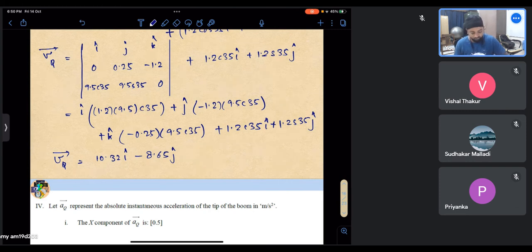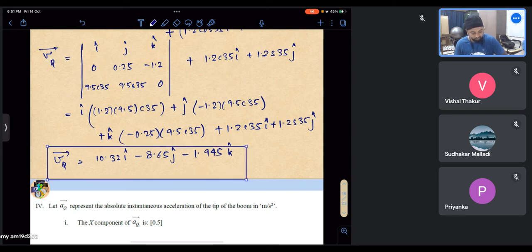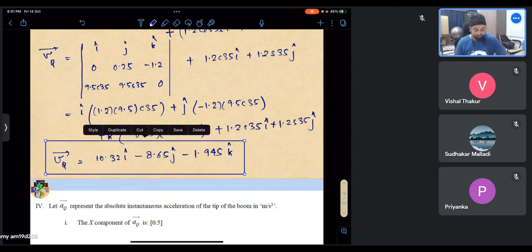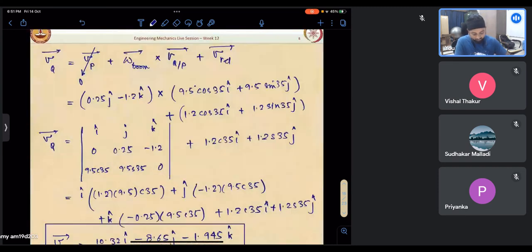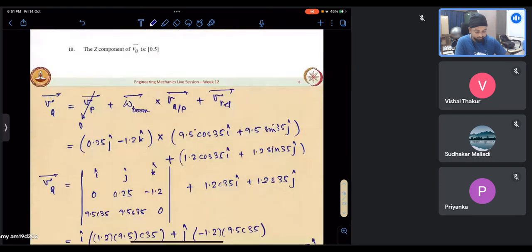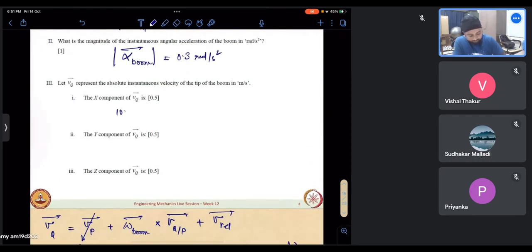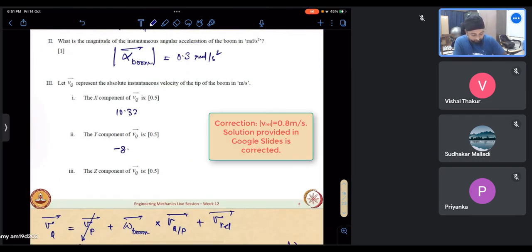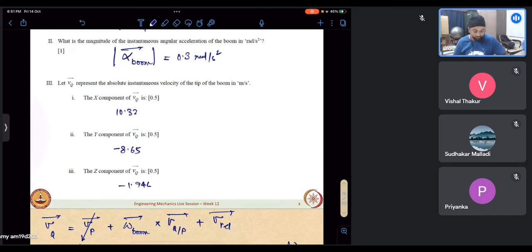So this is minus 1.945 k cap. This is our velocity of Q. So 10.32, minus 8.65, and this is minus 1.945. So we solve for velocity of Q.